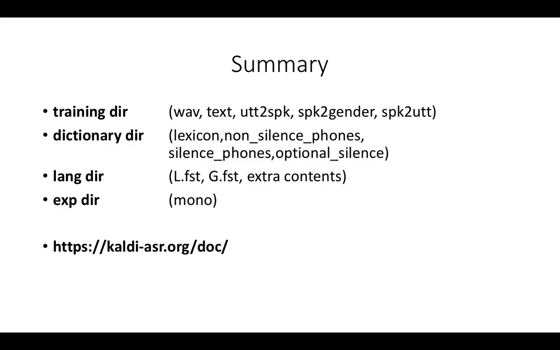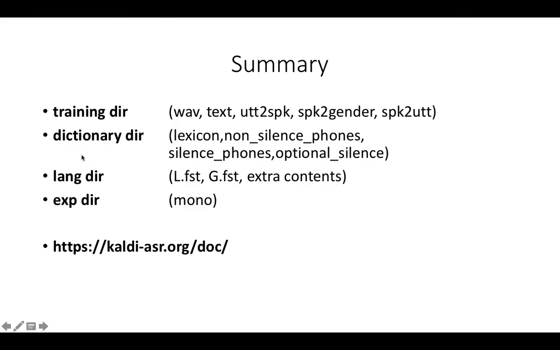Okay, so to summarize, we should have the training directory and also the test directory. The training directory and the test directory are the same, except they have different kinds of data. In the training directory we should have wave file, text file, utterance to speaker, speaker to gender, and speaker to utterance. And in the dictionary directory we should have lexicon, non-silence phones, silence phones, optional silence phone.